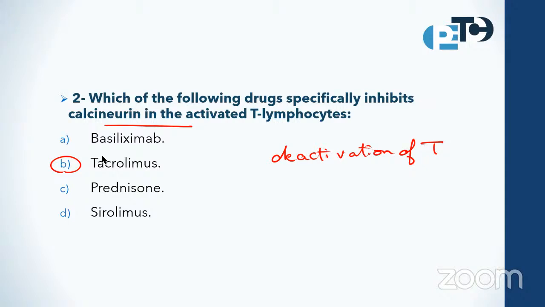Calcineurin is a substance that activates the T cells. So when you inhibit calcineurin, you will inhibit the T lymphocytes. This is the mechanism of action of tacrolimus and cyclosporin as well.